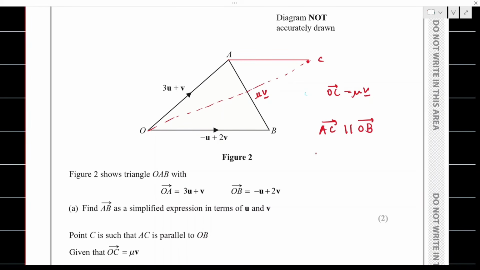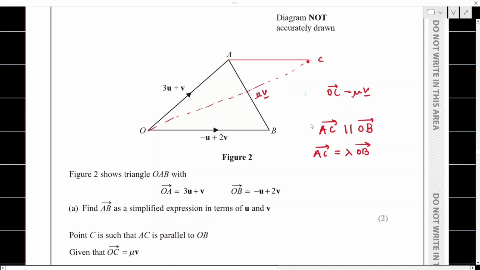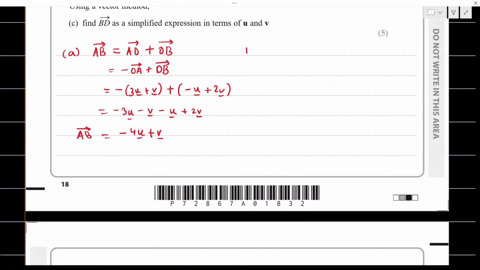What this means is that AC vector can be written in this way. If we can express AC vector as such, we already know the vector OB and the vector OA, so we can use those values to find a value for OC. So in part B, I can express AC vector as lambda OB.